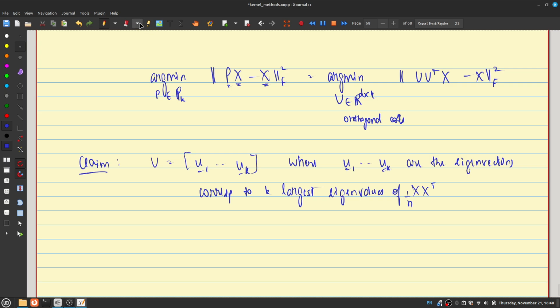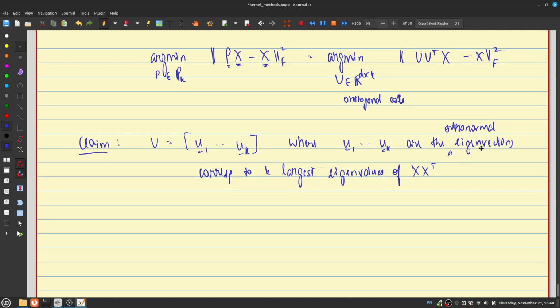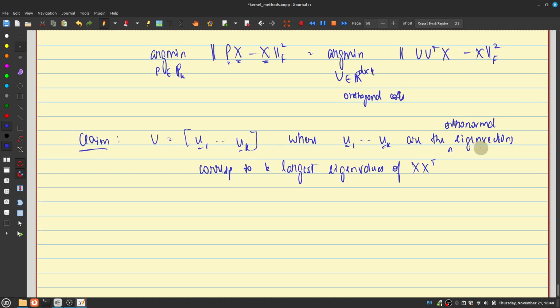It doesn't matter whether I take 1 by n or not, because the eigenvectors are all orthogonal. And why is that the case?